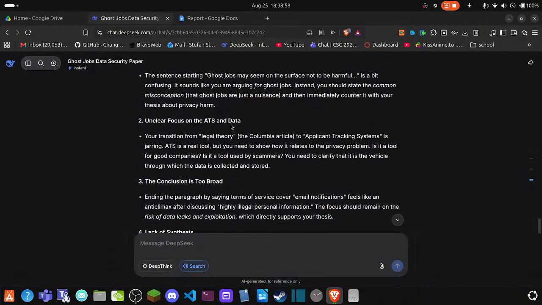Unclear focus on the ATS and data. Your translation of legal theory, the canonical ATS, is jargon. ATS is a real tool, but you need to show how it relates to the privacy problem. It is a tool for good companies, but it is also a tool used by scammers. You need to clarify that it is the vehicle through which a company collects and stores.